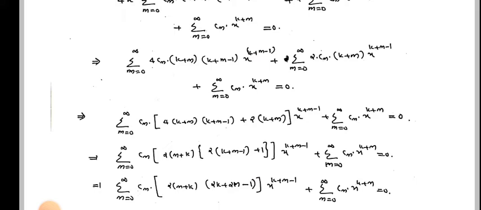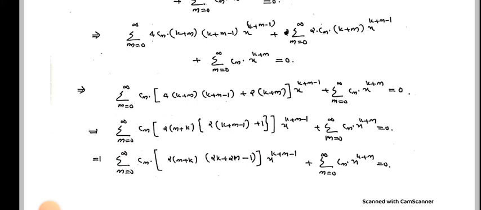The first two sums have the power x^(k+m-1), so c_m is common. Therefore, the sum over m from 0 to infinity of c_m [4(k+m)(k+m-1) + 2(k+m)] x^(k+m-1), plus the sum of c_m x^(k+m), equal to 0.